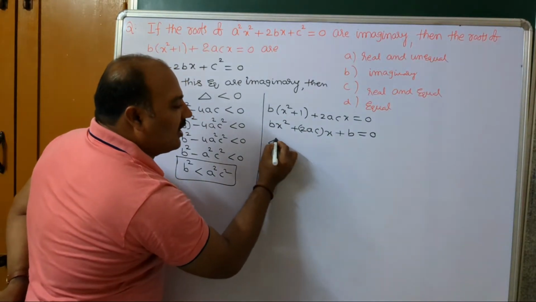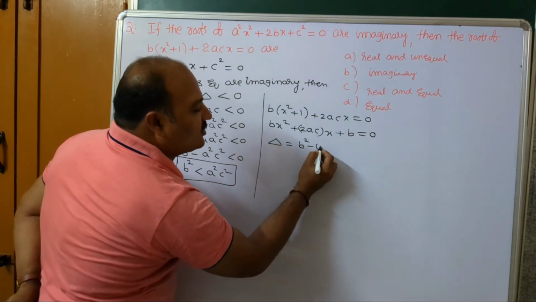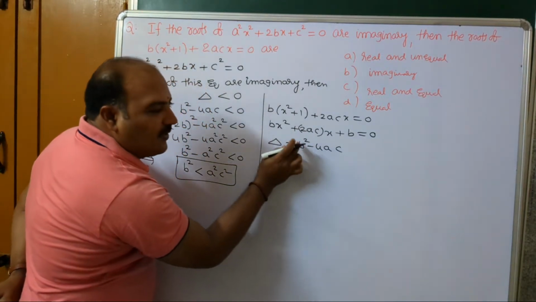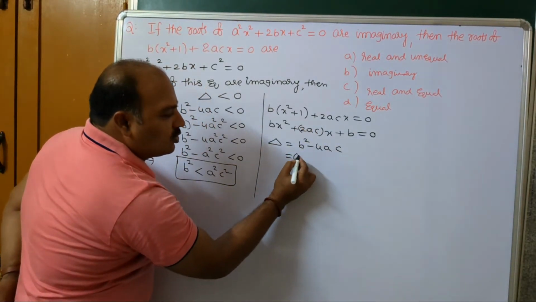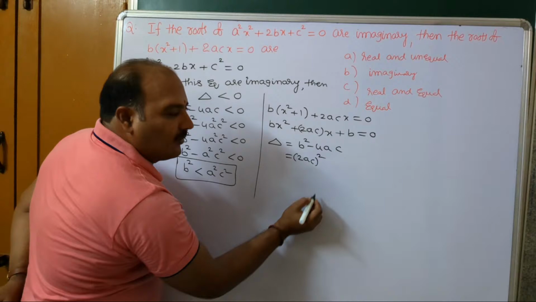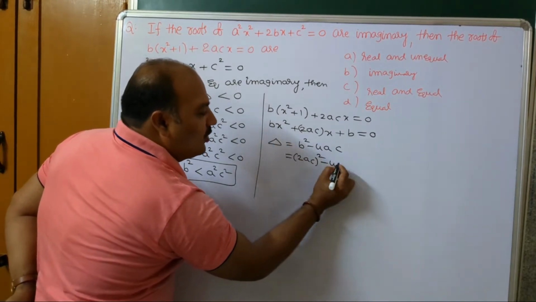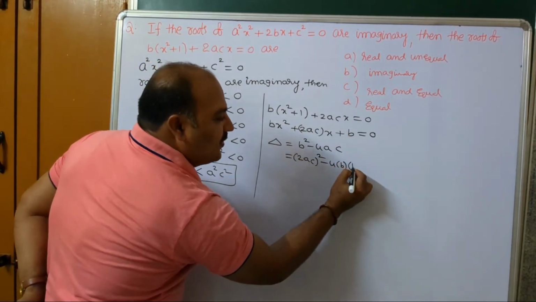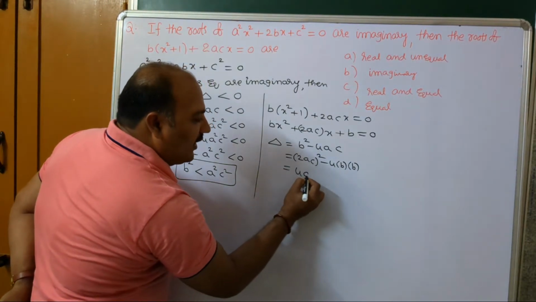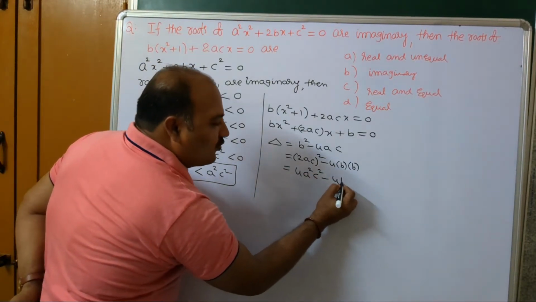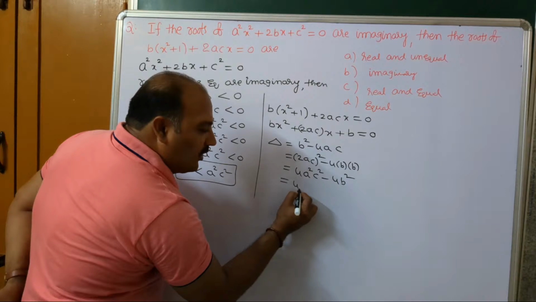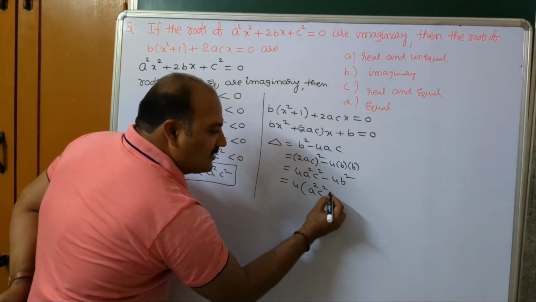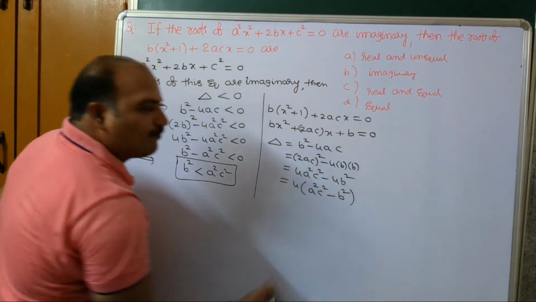Calculating the delta value, b square minus 4ac. In place of b, 2ac. So (2ac) whole square minus 4 into a value b, c value b. So 4a square c square minus 4b square. So 4 take common, a square c square minus b square.